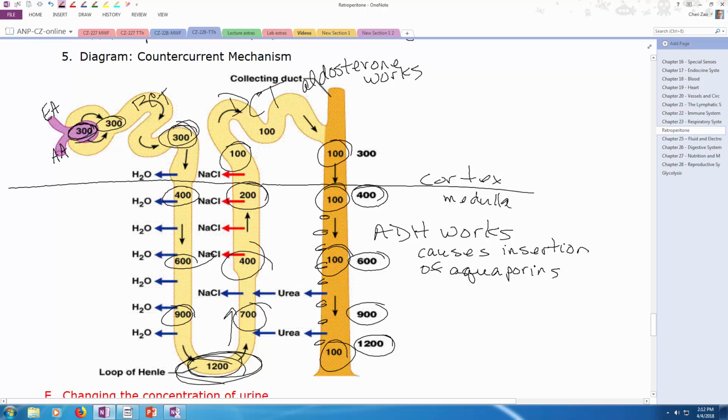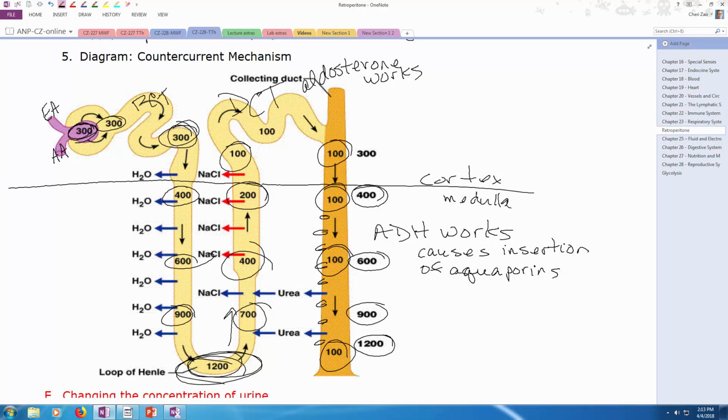And the filtrate is a result of net filtration pressure, with glomerular hydrostatic pressure pushing fluid out into that area because of the large afferent arteriole, increasing that glomerular hydrostatic pressure up to 60 millimeters of mercury. Osmotic pressure is going to be the pulling pressure back, and we're going to leave that at around 30. And then our back pressure, the capsular hydrostatic pressure, is 20.